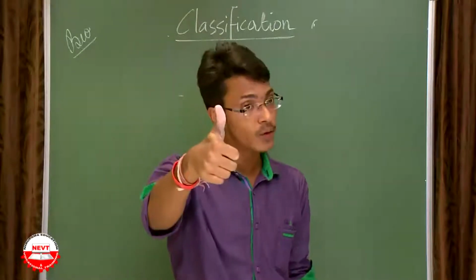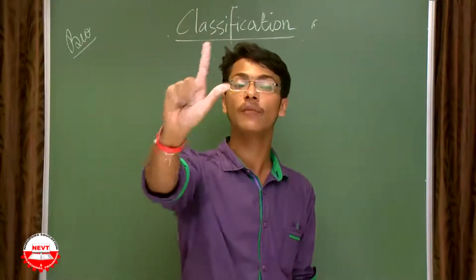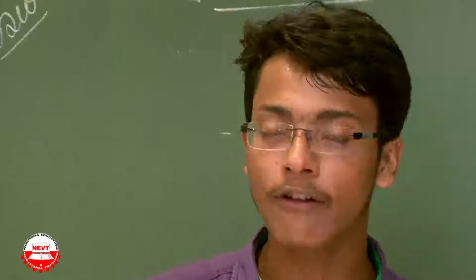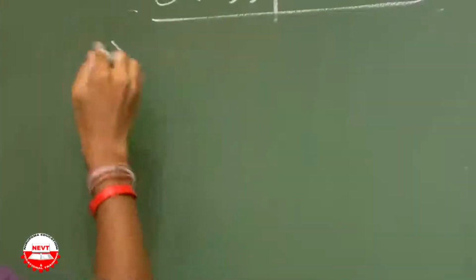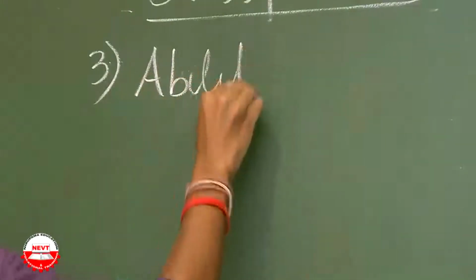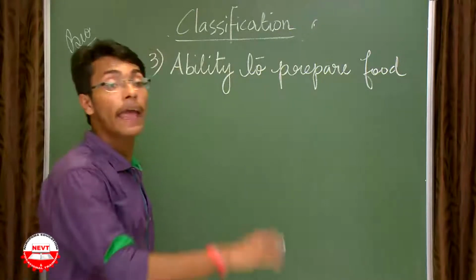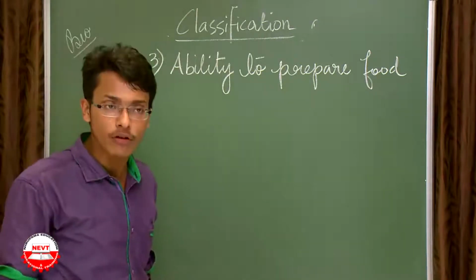So we have discussed two. One is whether they are eukaryotes or prokaryotes. Second is whether they are unicellular or multicellular. The third one that you are going to write now is ability to prepare food.